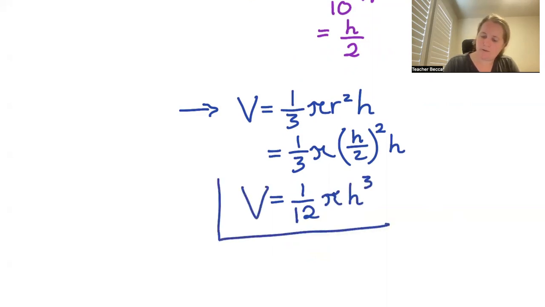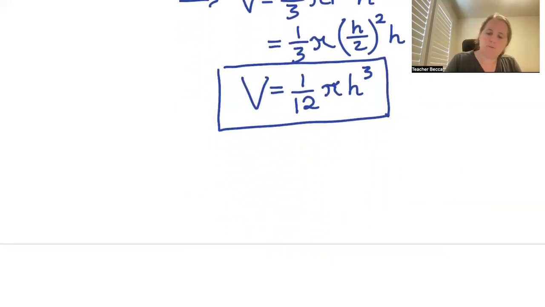So now we have a formula that relates v and h only. From here, we can move on to our next step. So step 4, we differentiate with respect to time.